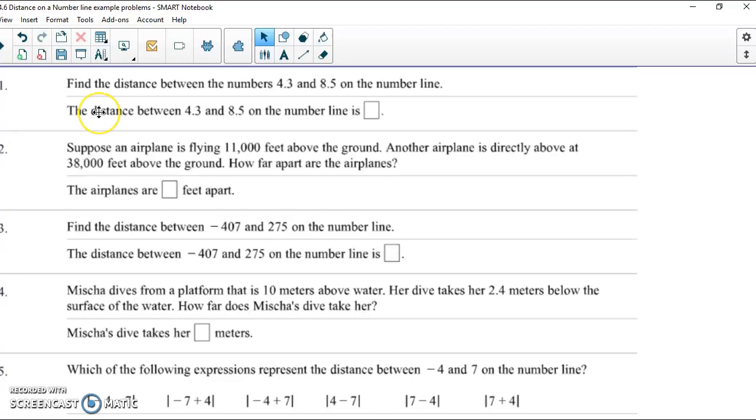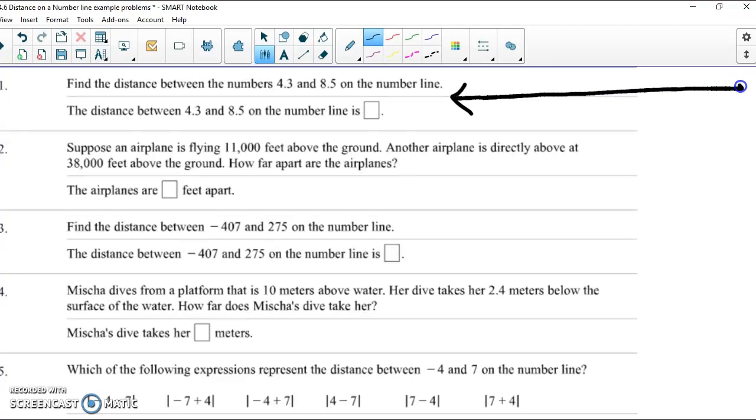So on number 1, when it says find the distance between the numbers 4 and 3/10 and 8 and 5/10 on the number line, let's first think of this on a number line here. Not a perfect number line, but we get the idea.